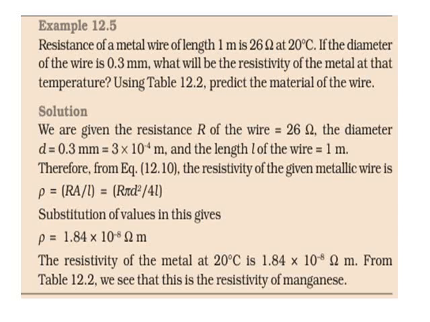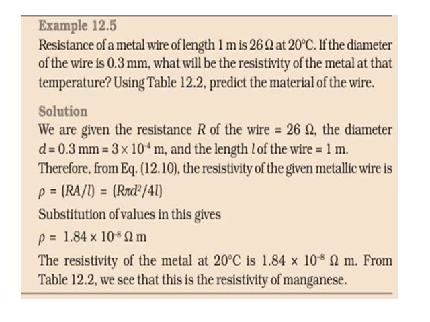The resistance of a metal wire of length 1 meter is 26 ohm at 20 degrees Celsius. If the diameter of the wire is 0.3 mm, what will be the resistivity of the metal at that temperature? Using Table 12.2, which is in your textbook, predict the material of the wire.